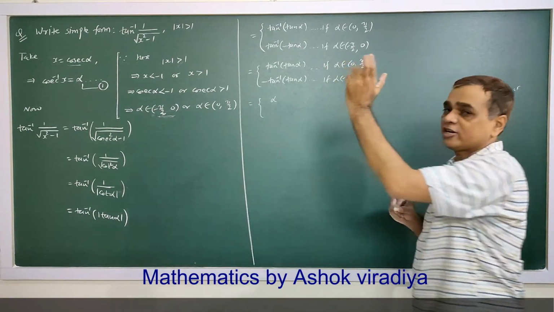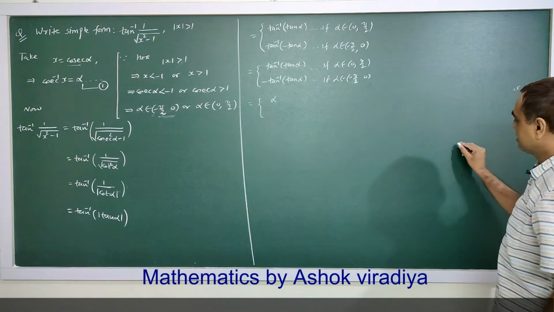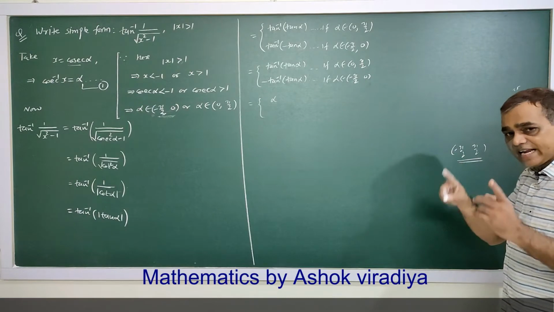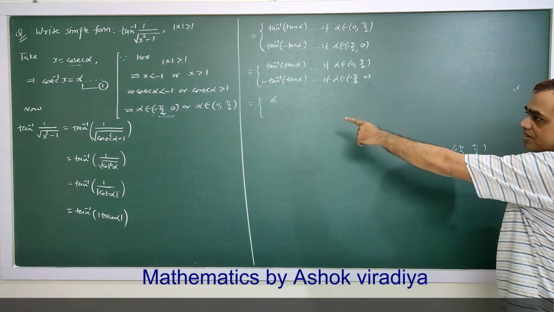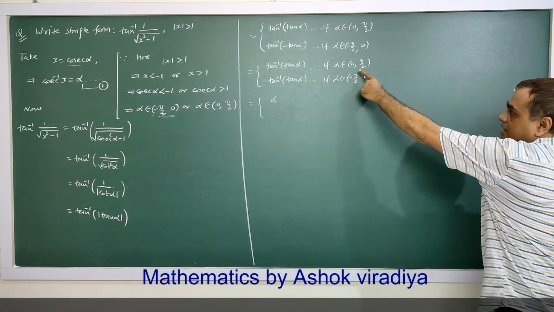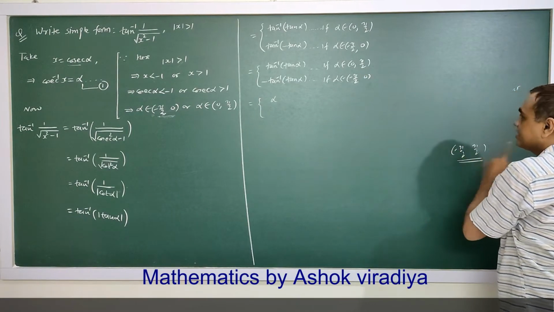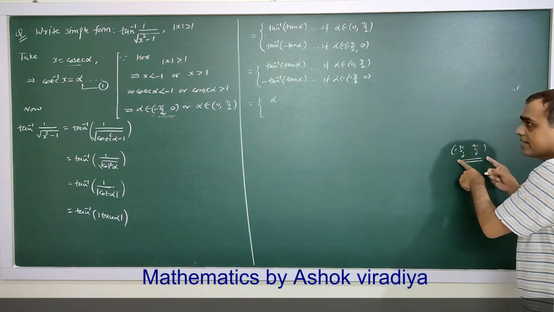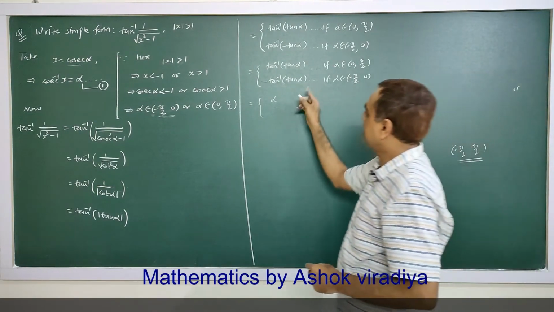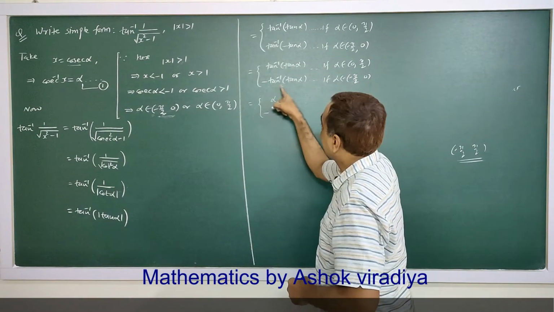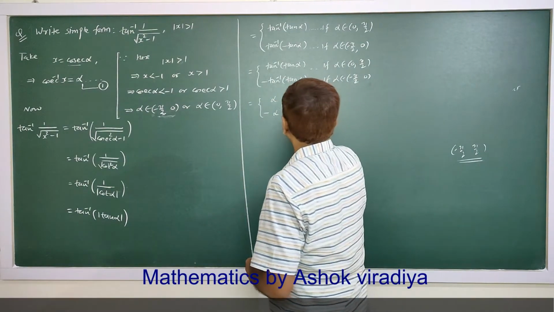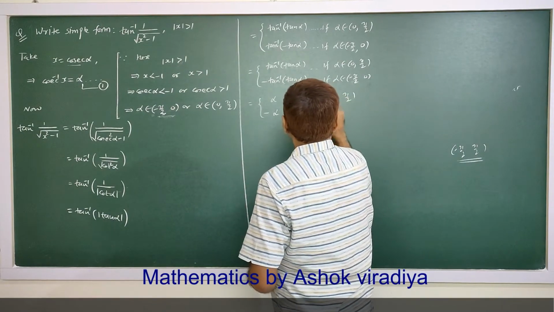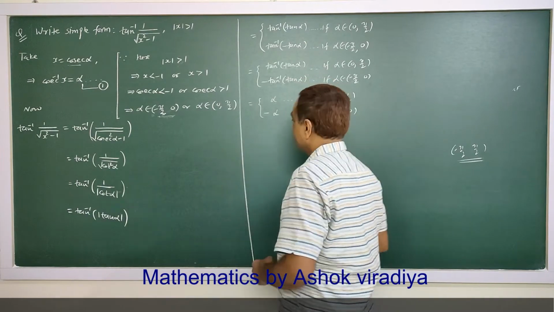Say this is a subset of the domain of tan. If alpha is in minus pi by 2 to pi by 2, then tan inverse tan alpha is alpha. And here alpha is in this set, so it is already in this set. Similarly here, alpha is in this set, therefore it is in this set. So tan inverse tan alpha minus as it is, and tan inverse tan alpha is alpha. So the condition is alpha belongs to 0 to pi by 2, alpha belongs to minus pi by 2 to 0.